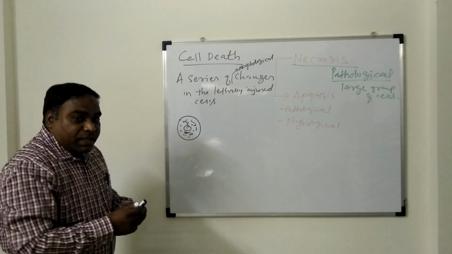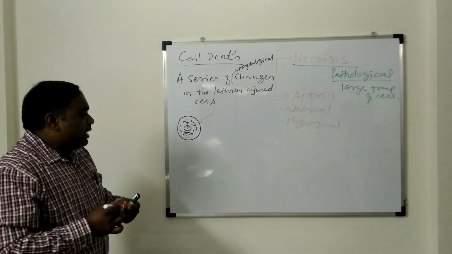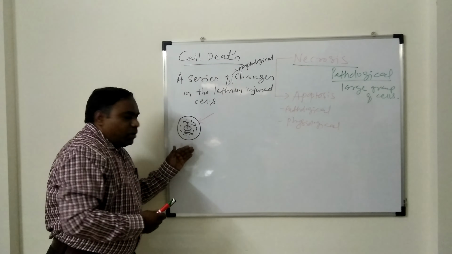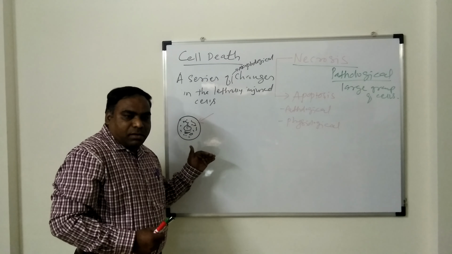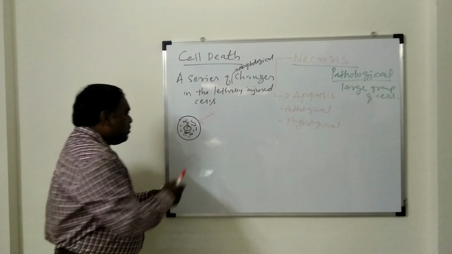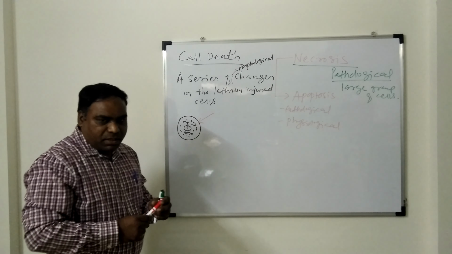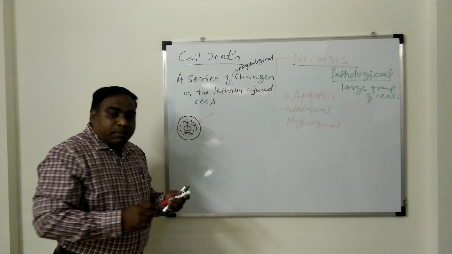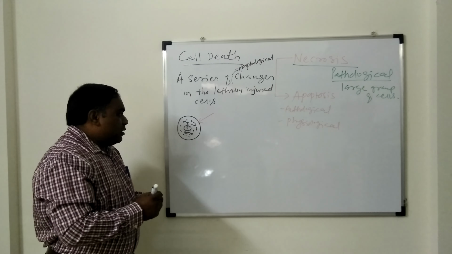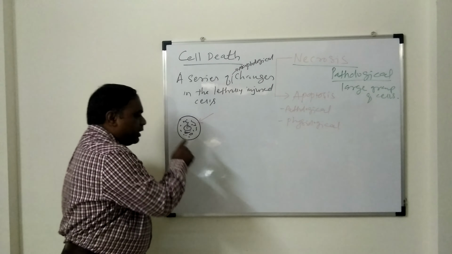If this normal cell is injured or harmed by any pathogen, or any external factor, the cell first starts to treat the harm it received. But if the cell is unable to recover, then it follows the necrotic phase.